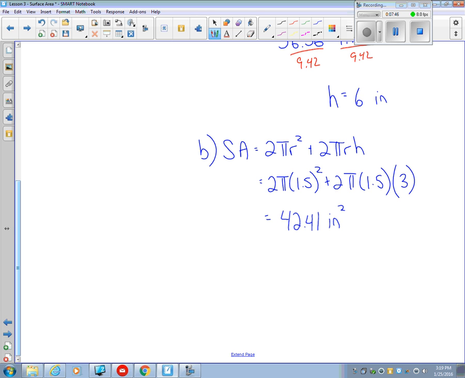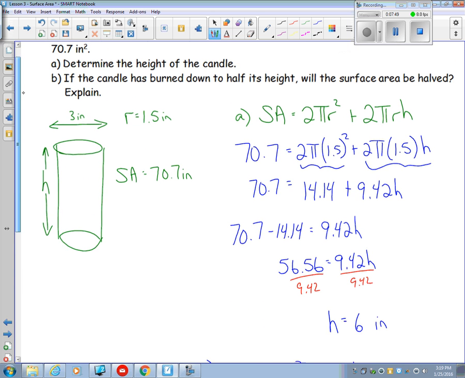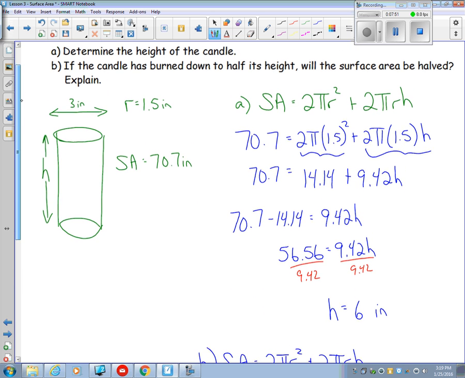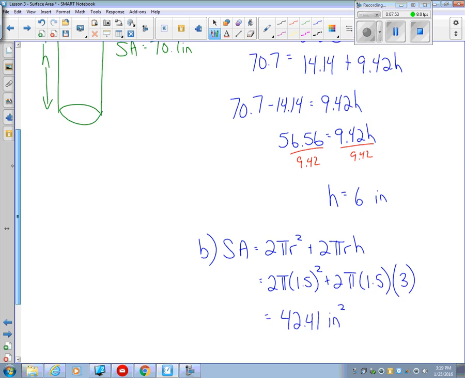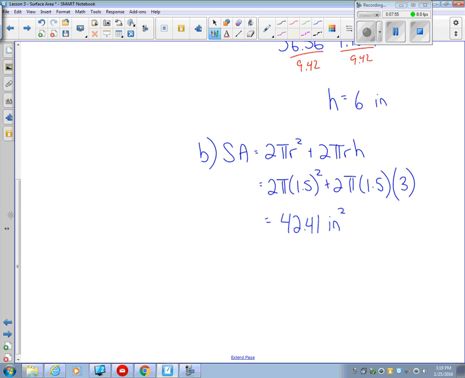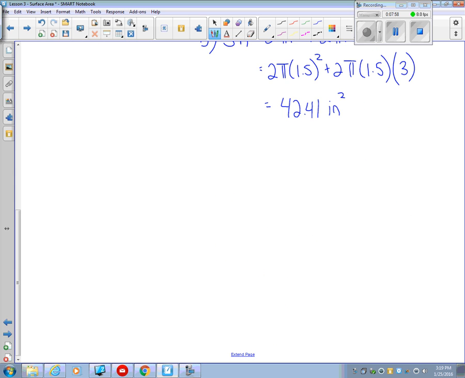So the question was, when we cut it in half the height, is the surface area half? Well, our surface area was 70.7, and now it's 42. Is that half of 70.7? Obviously not.